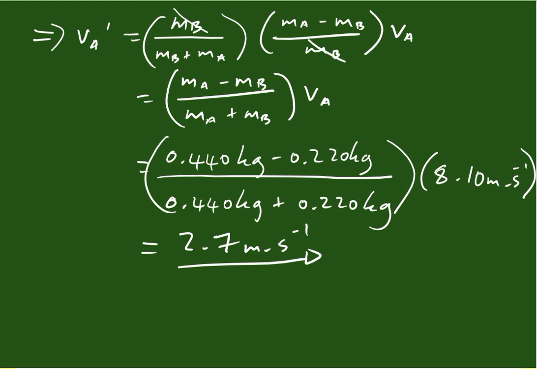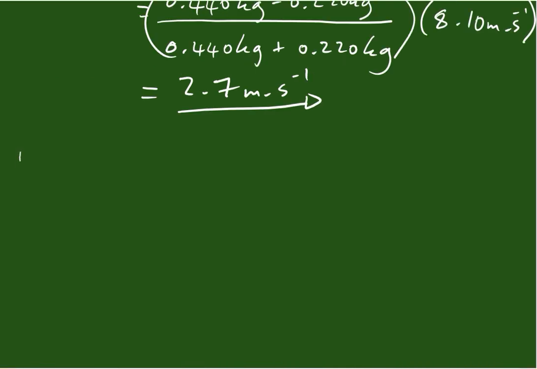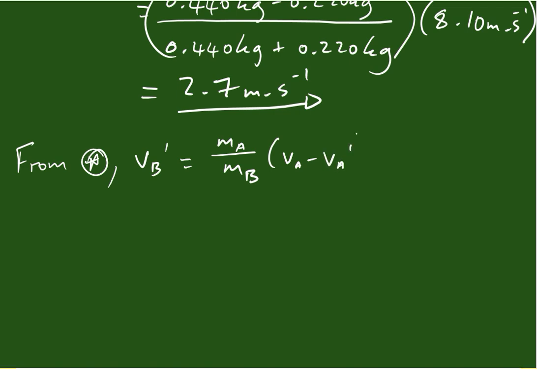So what is the velocity of the second ball? Well, we can just go back to any one of our equations. Before we had equation 2, we squared this equation here. We can just call it star this time quickly. So from star, we have VB prime is equal to MA over MB times VA minus VA prime, and then we can just plug in these values.